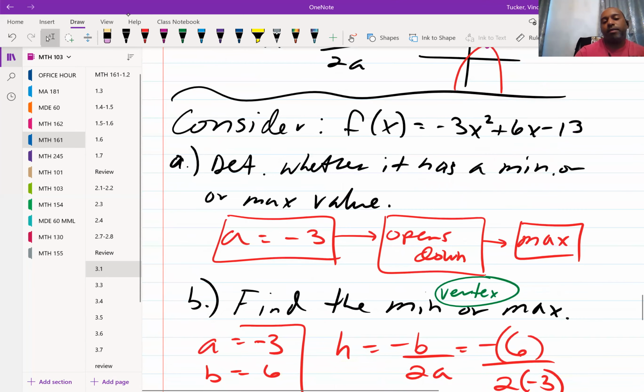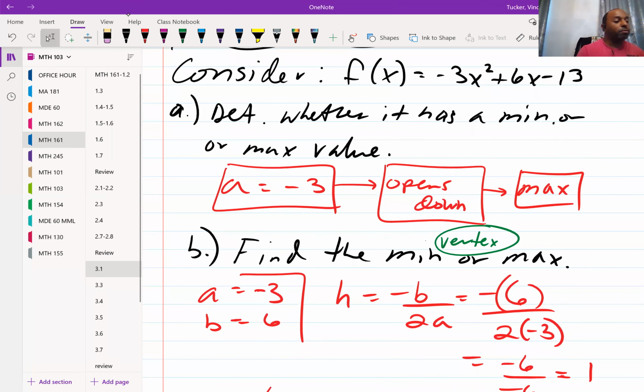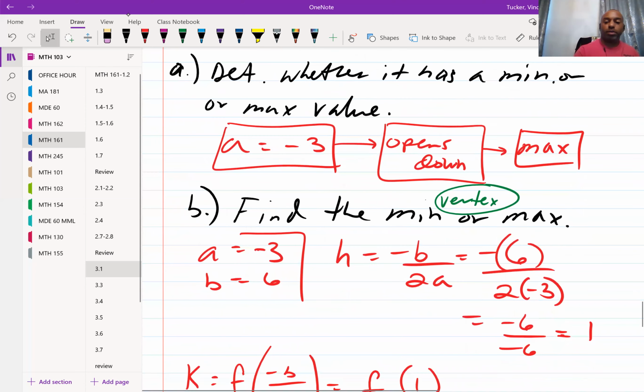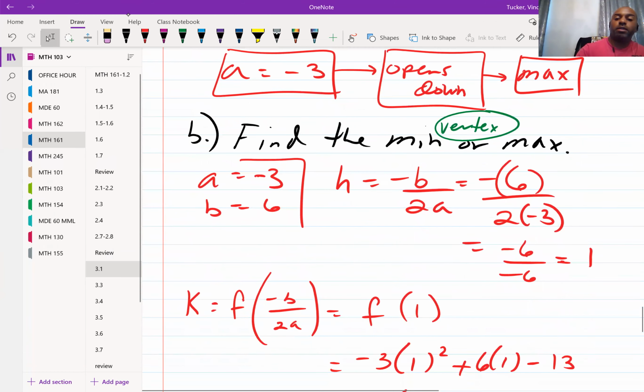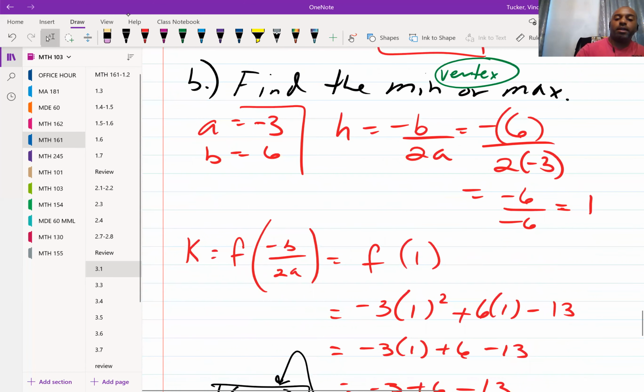Then it tells us to find the vertex. Remember, we can do so by taking A, which is negative 3, and B, which is 6, and plugging them into negative b over 2a to find the x component, the h, which simplifies to positive 1. Then we take that positive 1 and plug it into the function to find k.